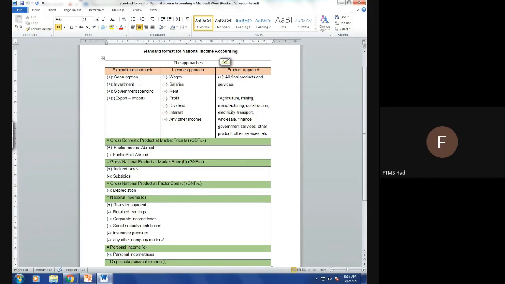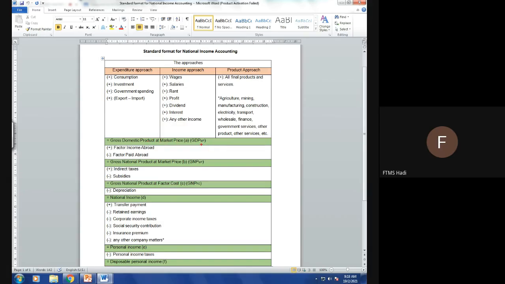Income approach is more on calculating the income first, and then later you need to minus everything. The last one, product approach, means the value is based on all final products and services. As you can see here, to calculate GDP at market price, GDP MP, we call it KDNK.